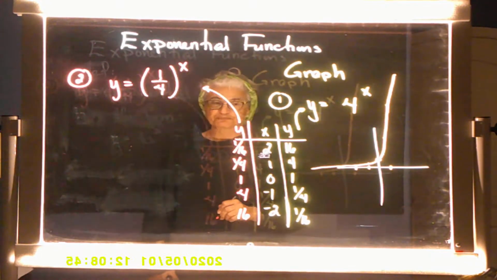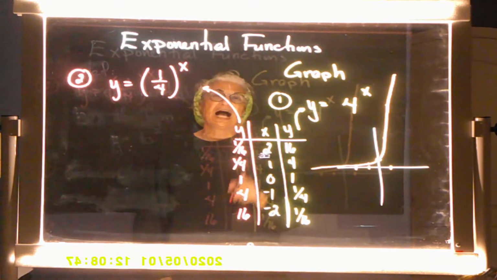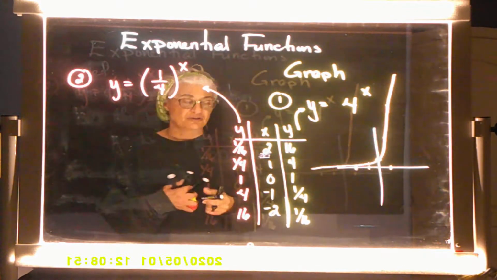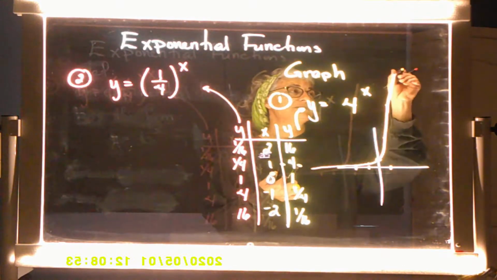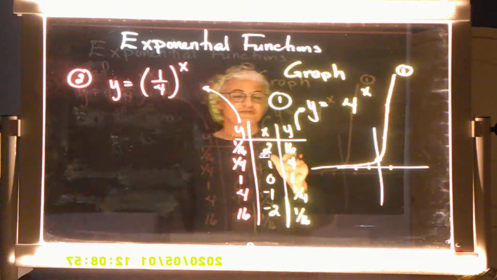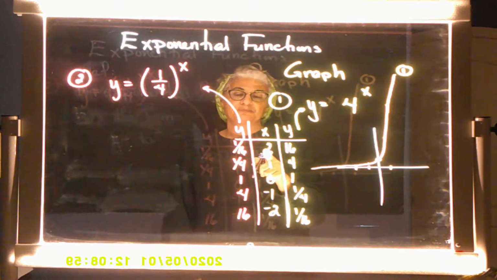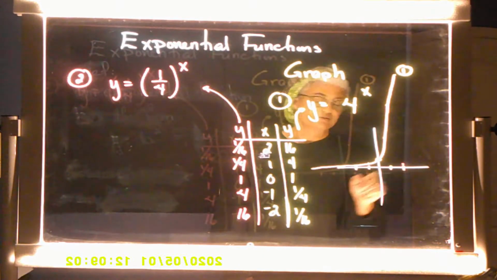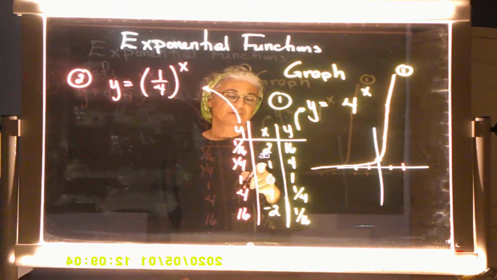With me? Okay, so I am going to take graph number 2 and I'm going to put it over here on this same graph so you can see what happens. So that was graph number 1. Graph number 2. I plugged in 2 and I got a 16th, didn't I? So that's about here. I plugged in 1 and I got a 4th, didn't I?